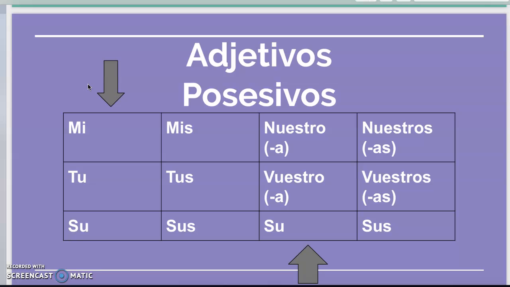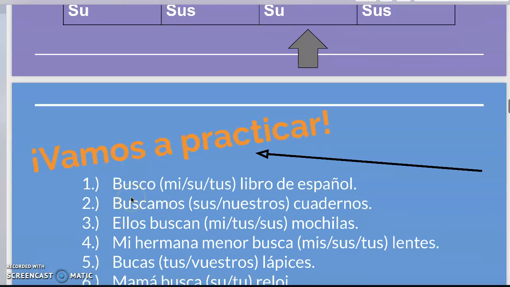I have singular columns, and I use them when I'm referring to a singular noun. Then I have plural columns, and I use those when I'm referring to a plural noun. So instead of los ojos, I can use tus ojos, your eyes, sus ojos, his eyes, mis ojos, my eyes. All right, so let's move on.